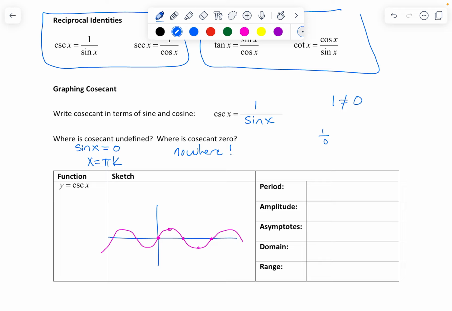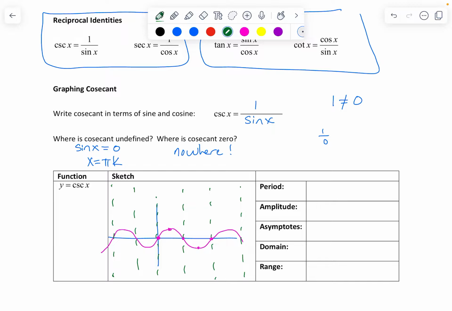Can we do that? No, we're not Chuck Norris. So what's going to happen in my graph? I get an asymptote anywhere sine had a 0. Okay, so all of these zeros in sine are going to give me asymptotes for cosecant.